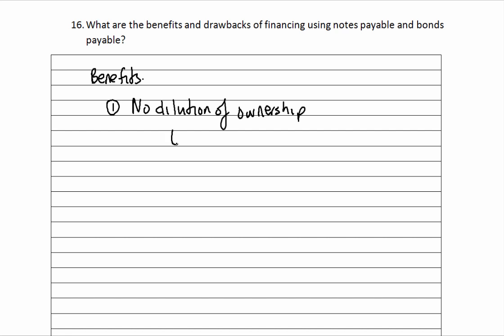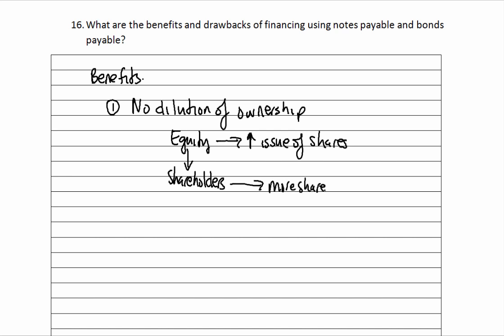When you're looking at equity, you're looking at shareholders. And if you issue more equity, increase issue of shares, well then more shareholders, each owning a smaller slice of the pie.